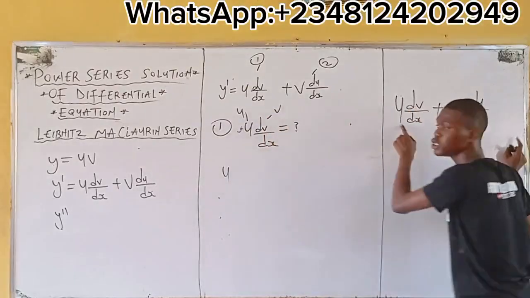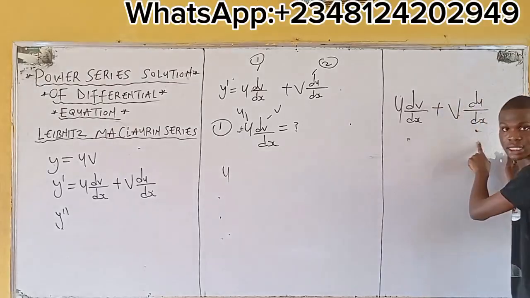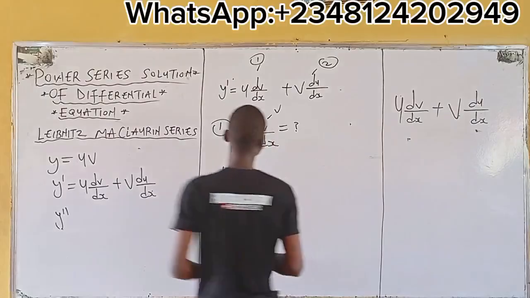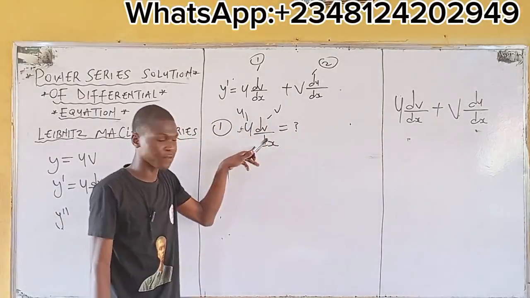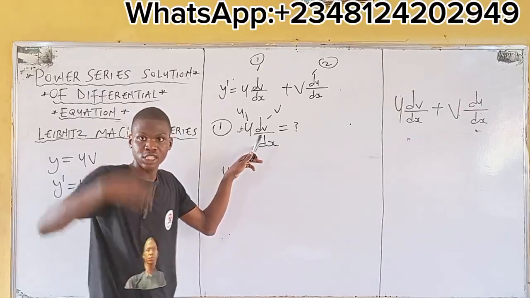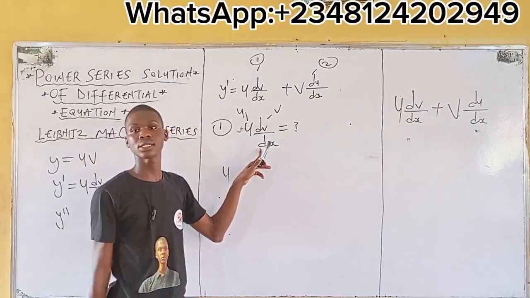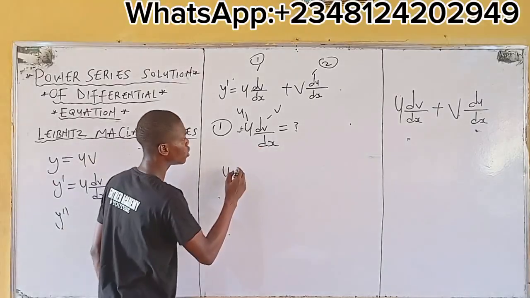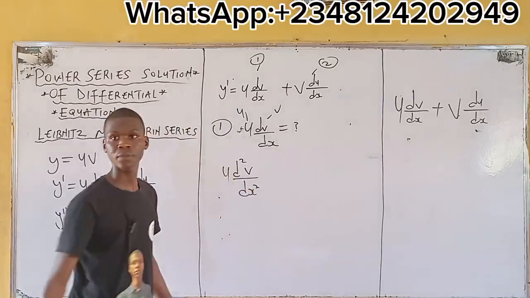Implementing product rule, you need your u, your dv/dx, your v, and your du/dx. Your u is still your u, multiplying dv/dx. If this is v, dv/dx becomes d²v over dx², meaning you are differentiating this very guy with respect to x. So you have u d²v over dx².